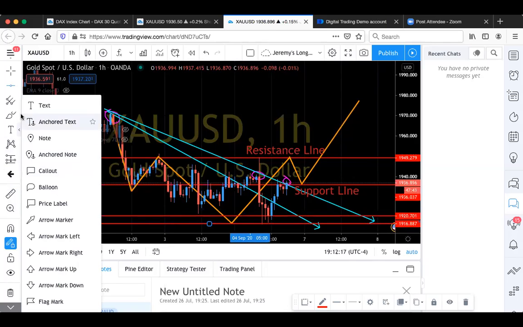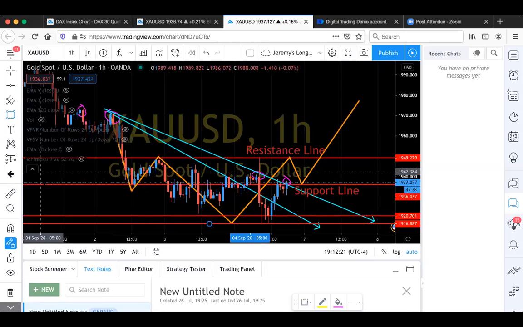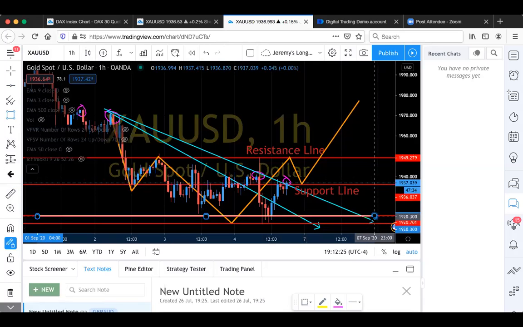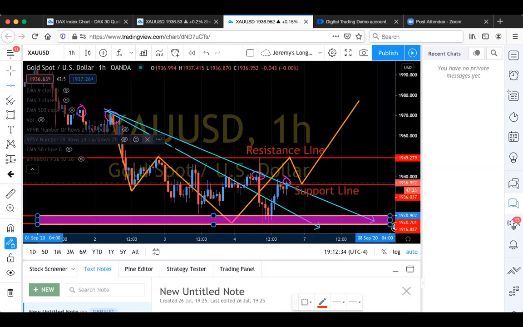Let's go over here. Use your rectangle, and shade in this box right here. This could be your consolidation zone. You see I got the top of the wick for here already.